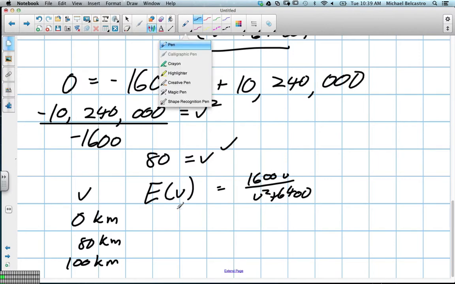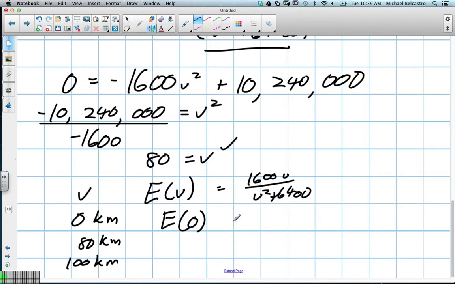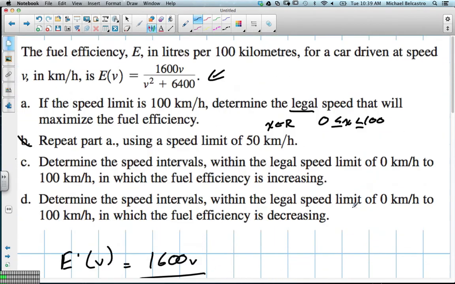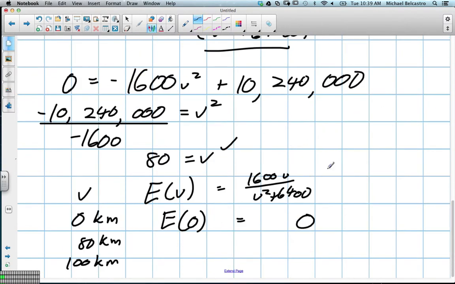So for the very first one, when we plug in a speed of 0, what is our efficiency equal to? 0. So we're using 0 liters per 100 kilometers. Is that what it's measured in? Let's just go double check the top. Fuel efficiency is in liters per 100 kilometers. So it's using 0 liters per 100 kilometers.